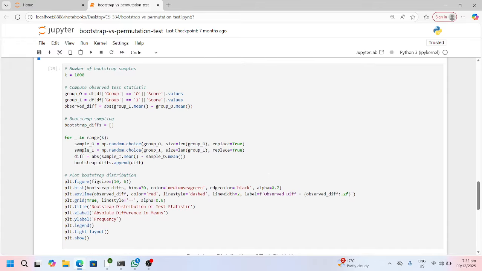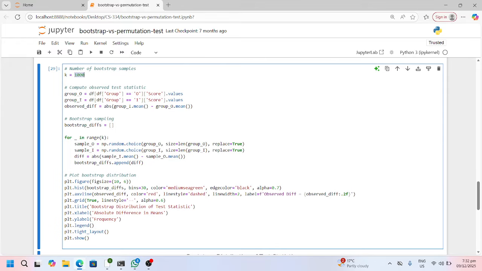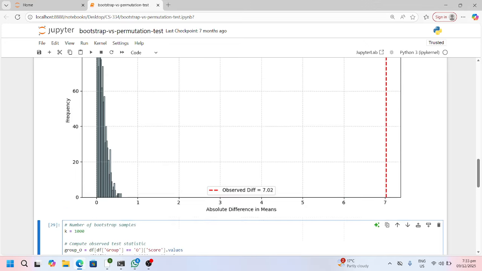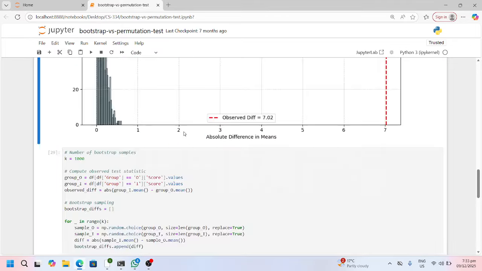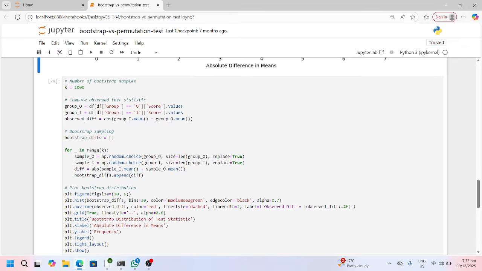When I try to do bootstrap sampling on the other hand, I also generated 1,000 bootstrap samples, but now I'm using np.random.choice and extracting samples from both groups in a certain proportion. I am not shifting the labels. In the earlier code, I was shifting the labels as well. So in this way I take out my choices.